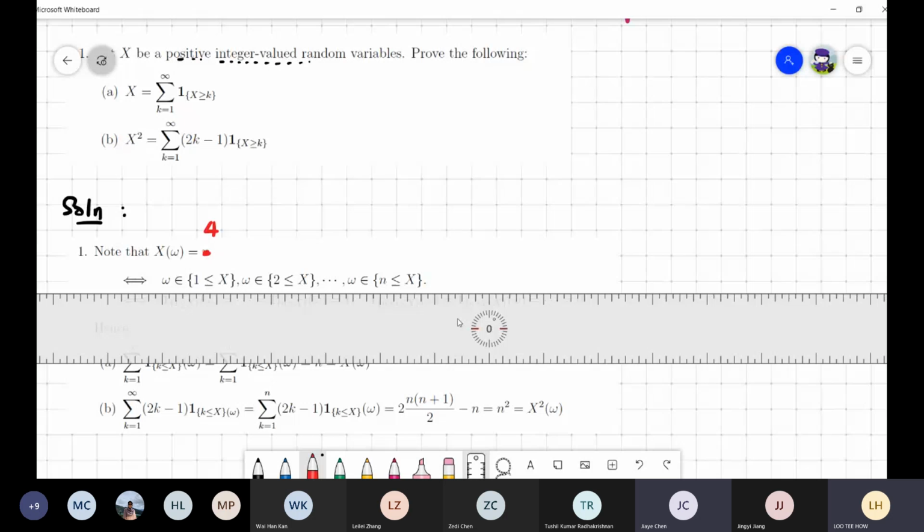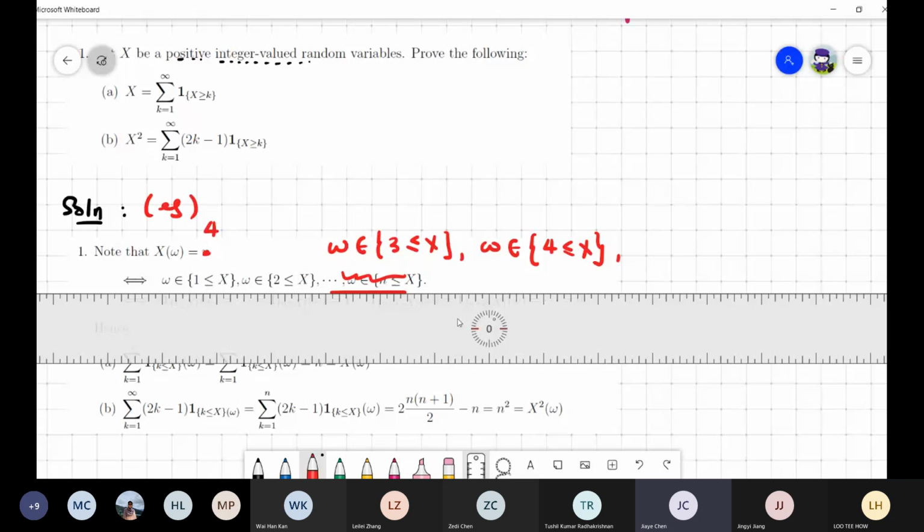That means omega must belong to X greater or equal to 2, X greater or equal to 3, as well as X greater or equal to 4. This is just an example to illustrate the ideas.